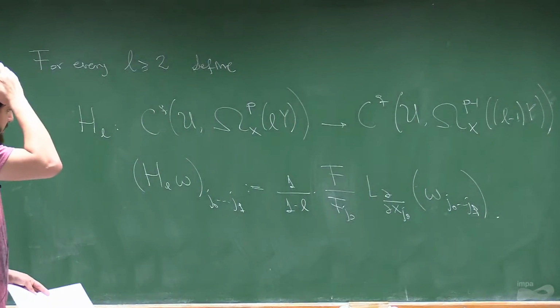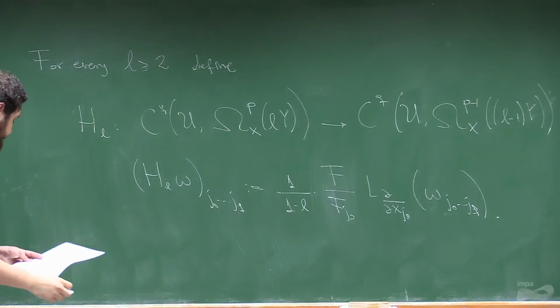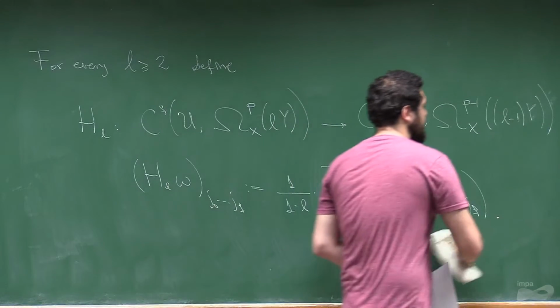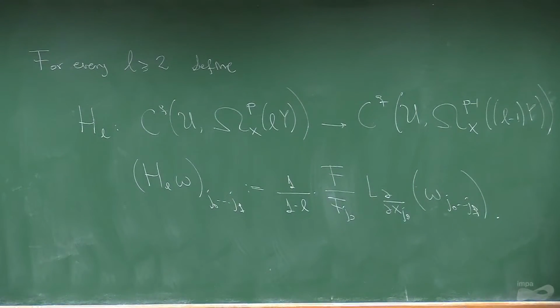Okay, so this map satisfies the following thing. It is like an algebraic homotopy, but in the following complex.